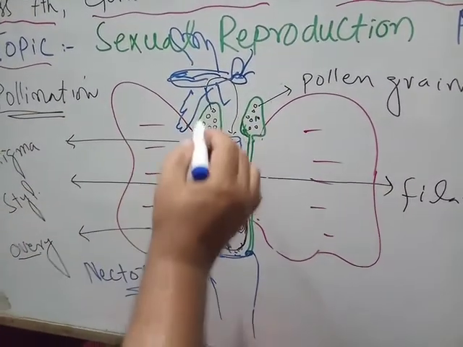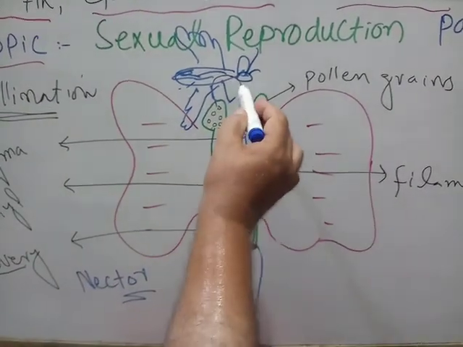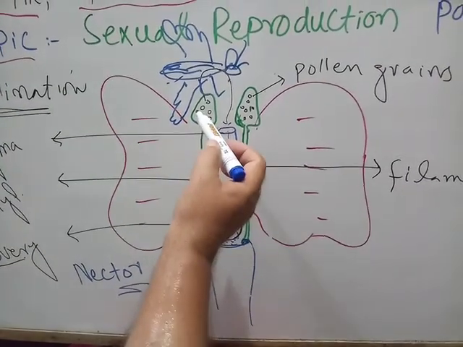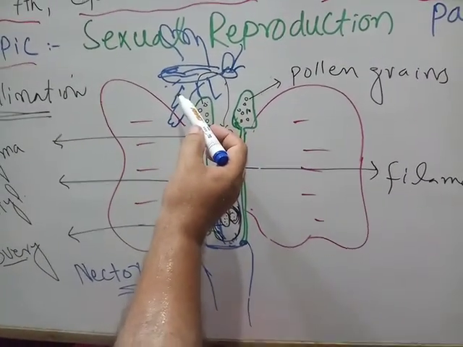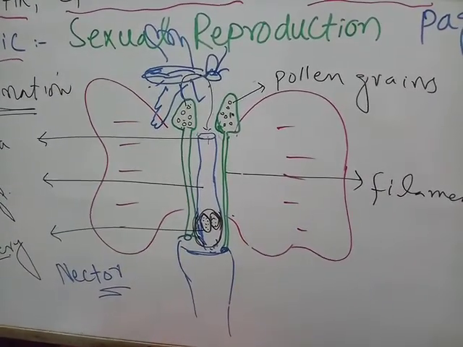Okay, so when an insect sits here and tries to suck the nectar, the pollen grains get stuck to its legs or wings or other parts of the body.